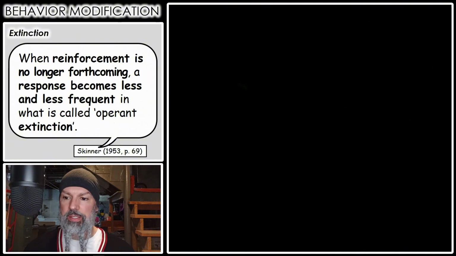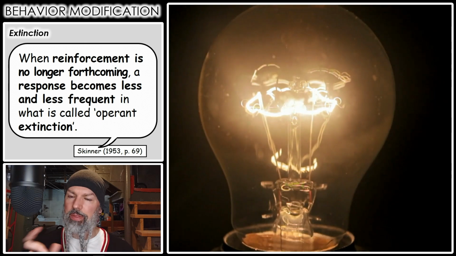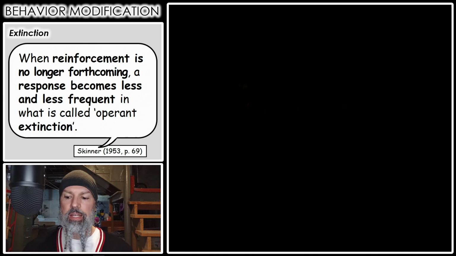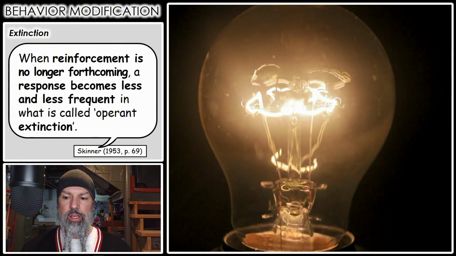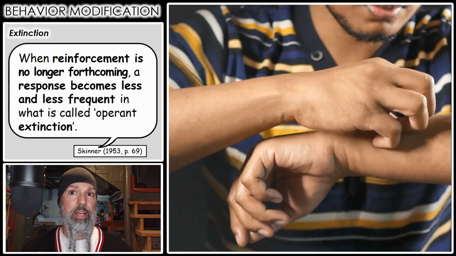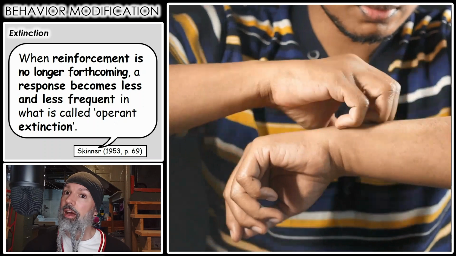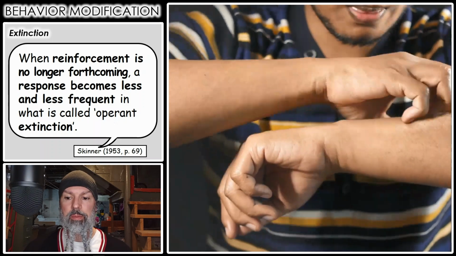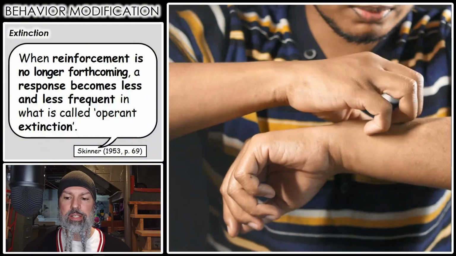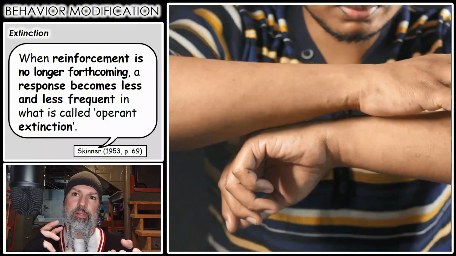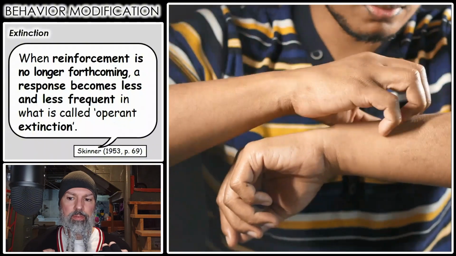Let's take a look at another example as well, though, just to illustrate some of the complexities of this. Let's say that a child is scratching their skin, and they're scratching their skin until it bleeds. Okay, so this is a perfect example of a behavior that is not a problem, scratching your skin, until it's done too much, until it becomes a problem. So if they're scratching their skin until it bleeds, again, this is a sensory reinforcement.